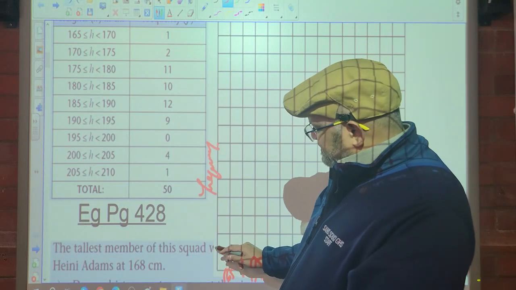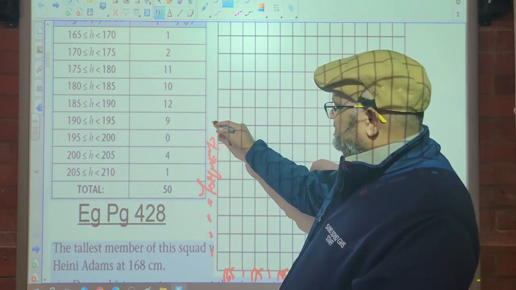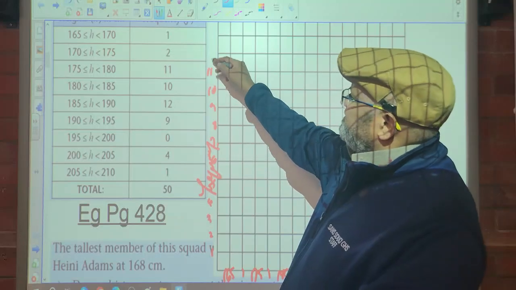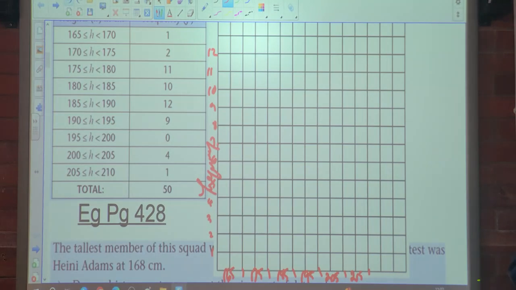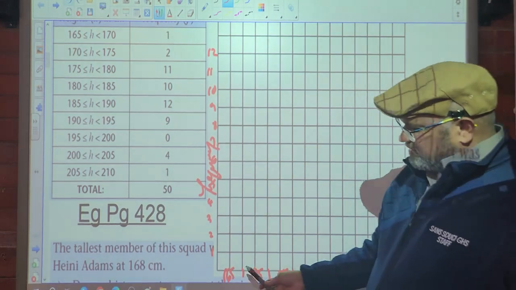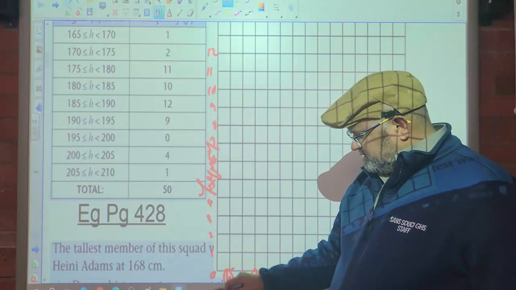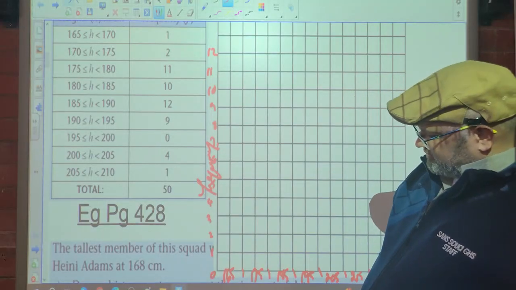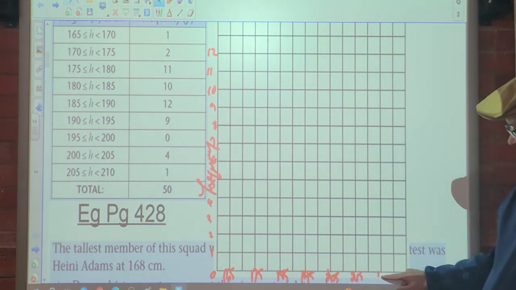So if I make this 1, 2, 3, 4, 5, 6, 7, 8, 9, 11, 12. You'll notice that I've not started at zero there. I could have if I wanted to. What I'm going to do is move this over 1 unit.